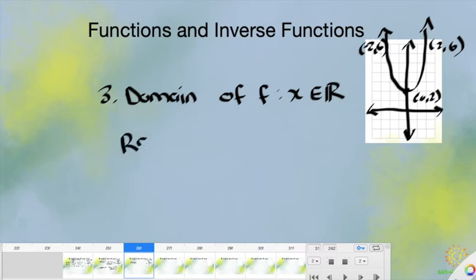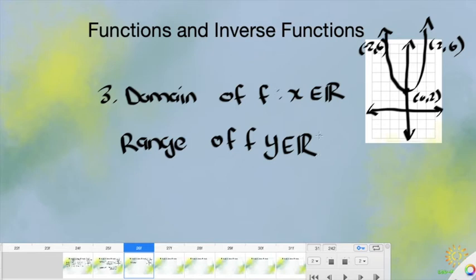Okay, the range, however, as we see here, there's nothing going on. So everything above 2 and 2 itself is the range of f. Okay, the range of f therefore becomes y values, just like this. You write it like that. Elements, real numbers that are greater than and equal to 2.